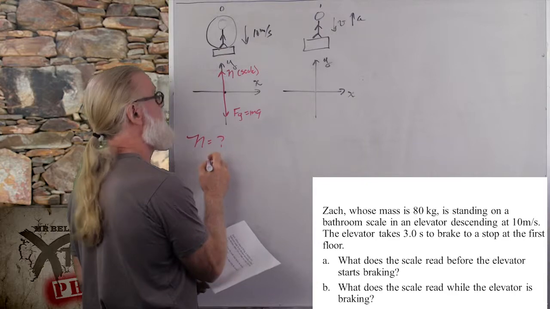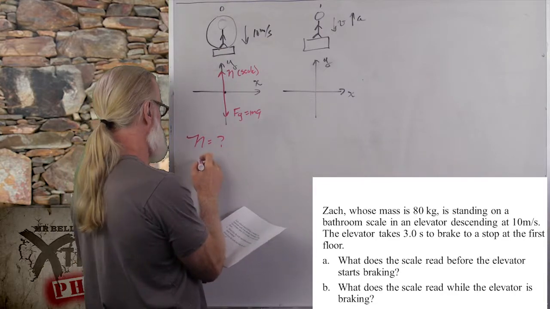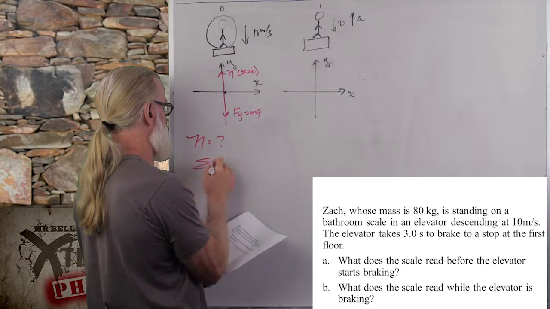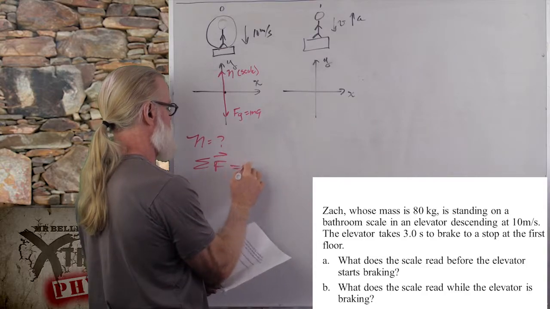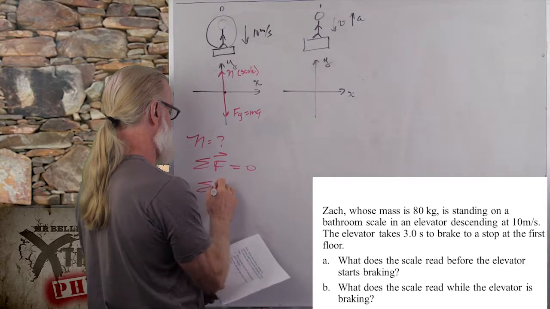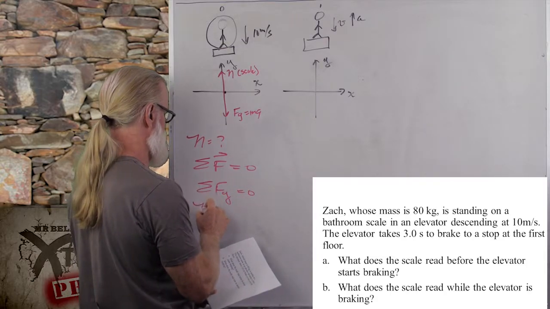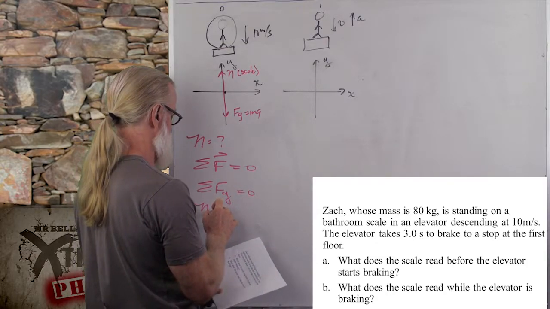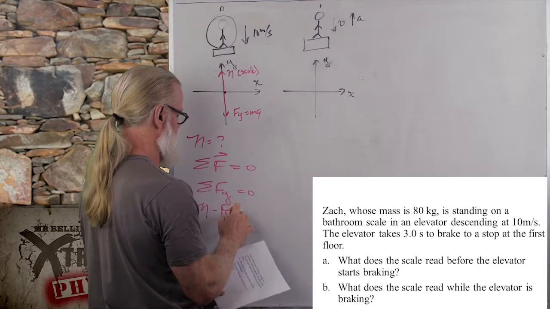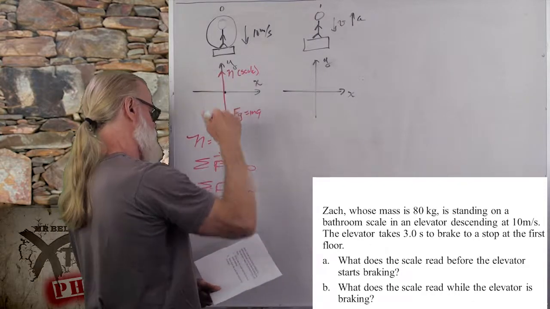All right, well, he's going at a constant speed, so the vector sum of the forces equals 0, and therefore the forces in the y direction also equal 0. So the normal force minus the force of gravity equals 0. Normal force up, force of gravity down.